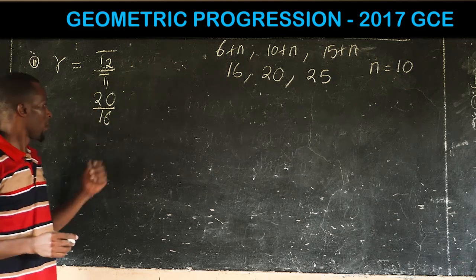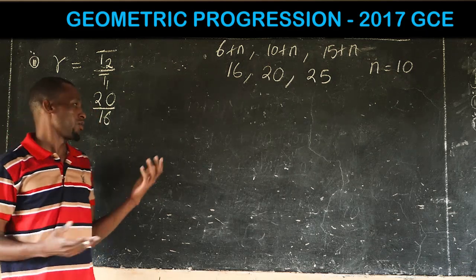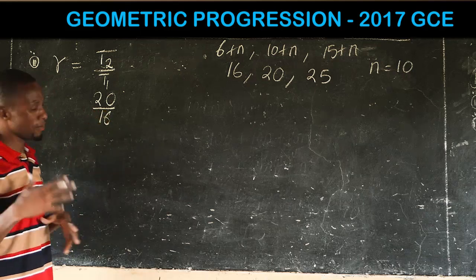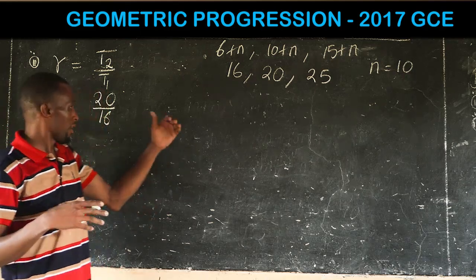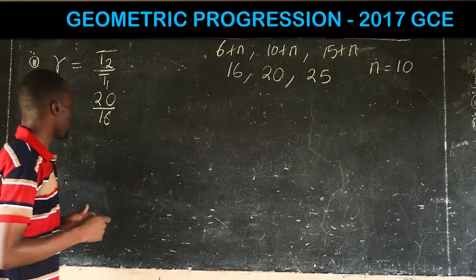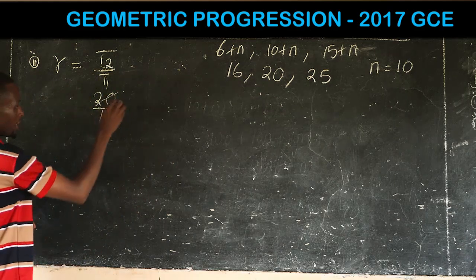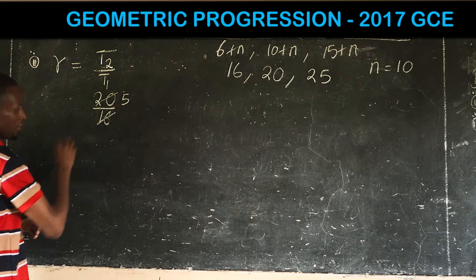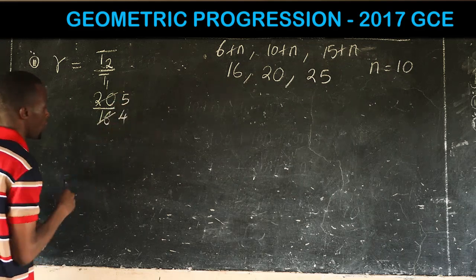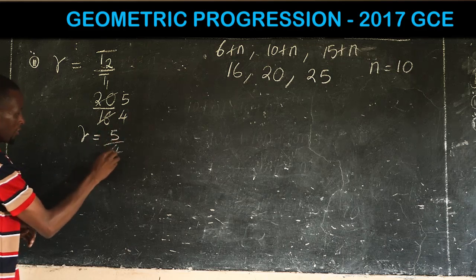From here, we are just going to reduce it and leave it as a fraction. Others would want to put it in decimal form, but later on, as you solve, sometimes the numbers might become bigger in the decimal form. So we reduce by 4. So 4 into 20, we have 5. 4 into 16, we have 4. So our common ratio is 5 over 4.